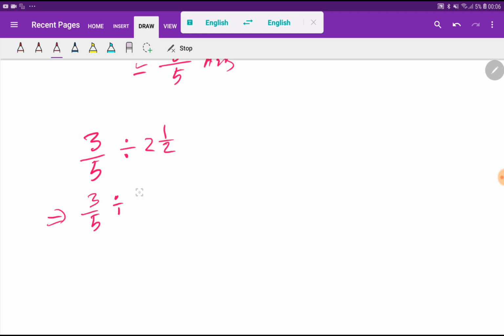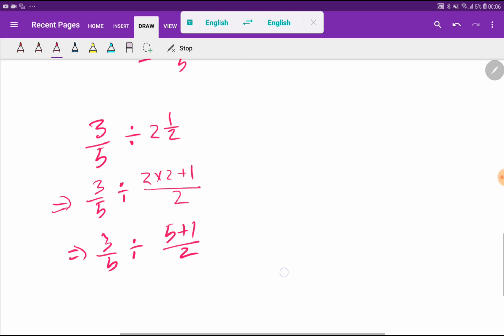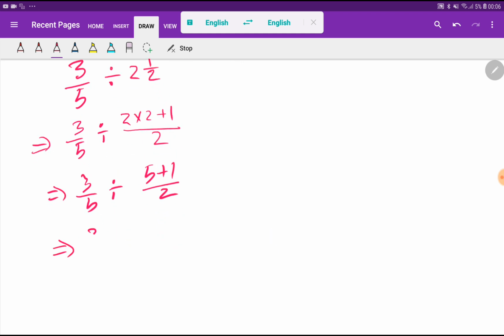So to do so, what can I do? I can multiply this denominator with the integer, plus I will add the numerator, then I will place the denominator. So we are getting here, look, 5 plus 1 divided by 2. So 3 by 5, 6 by 2.